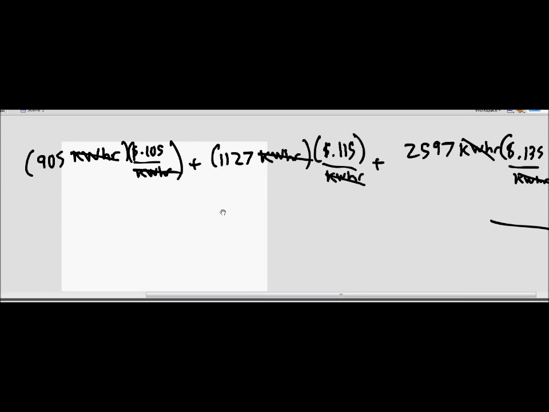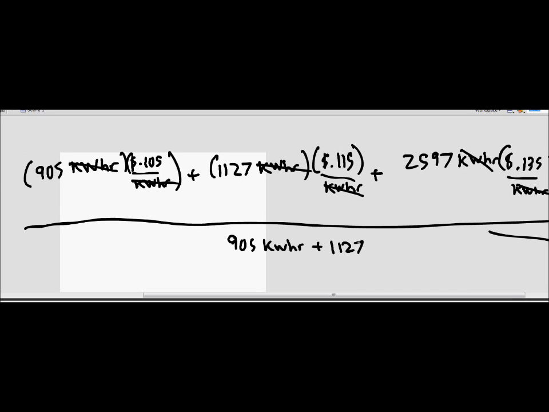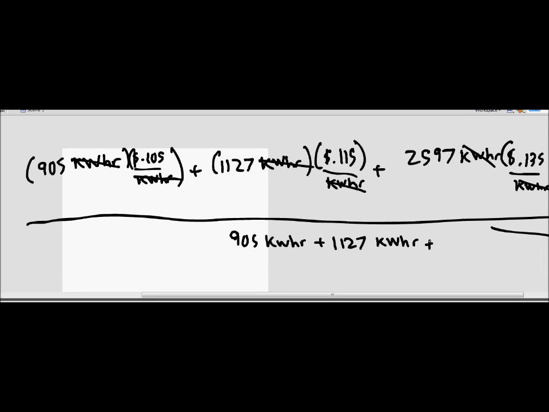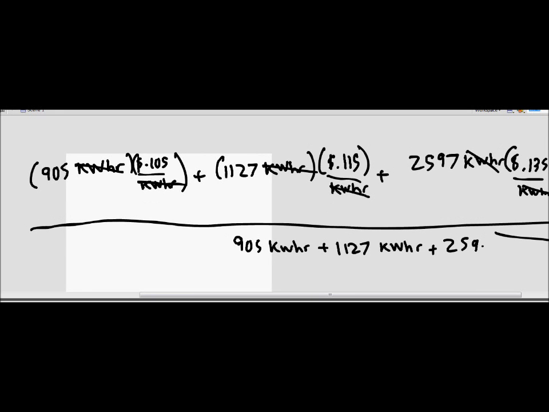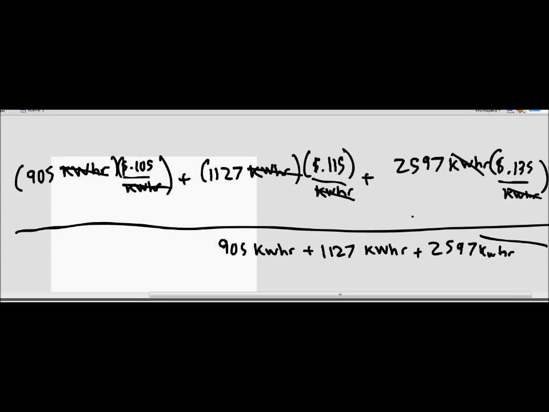Then we take all 3 numbers that we get from this and divide by the sum of the different amounts of power. So 905 kilowatt hours plus 1127 kilowatt hours plus 2597 kilowatt hours, because all we're trying to do is find the average.